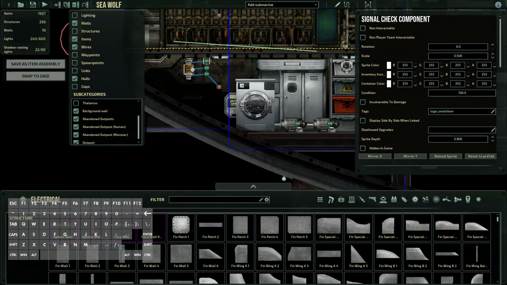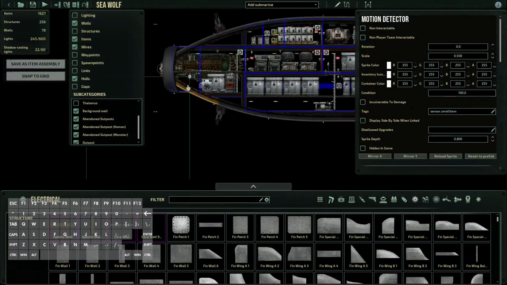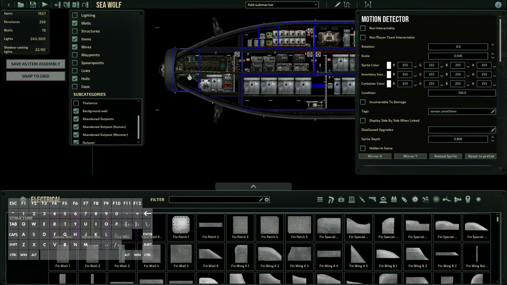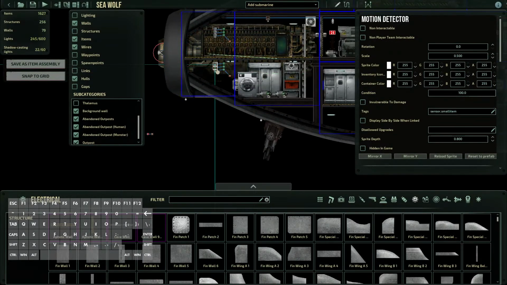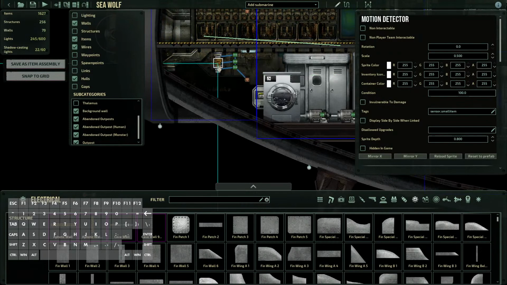So if it's within here, it's also going to be in the big one, right? Because the big one reaches out to 1,000, and that overlaps with the 500, and that overlaps with the 250. So we want the signals from the 500 to override the signals from the 1,000, because that's more important. And we want the signals from the 250 to override the signals.